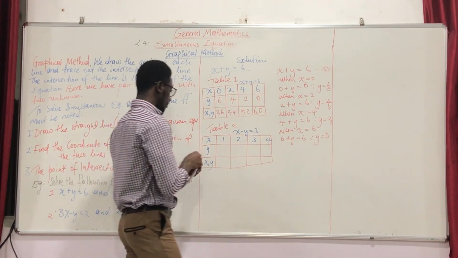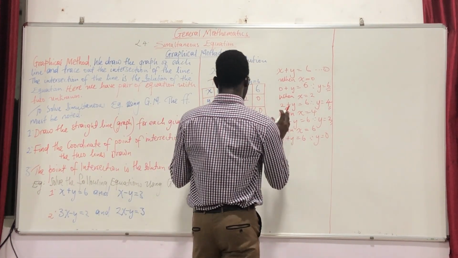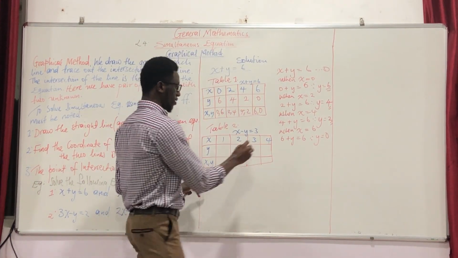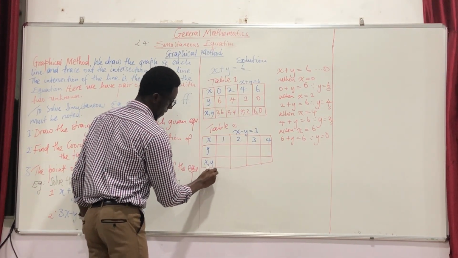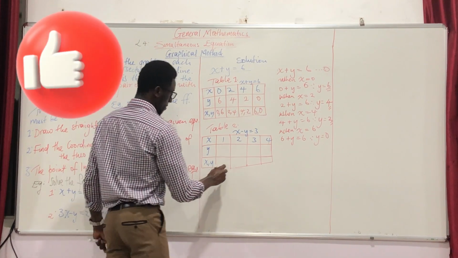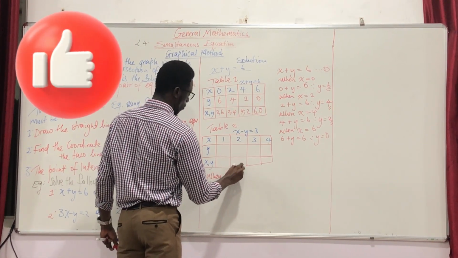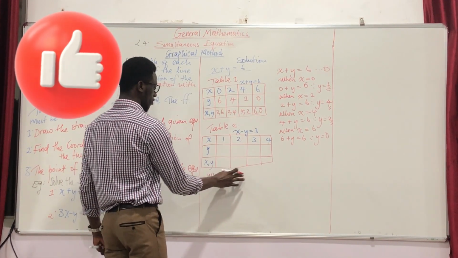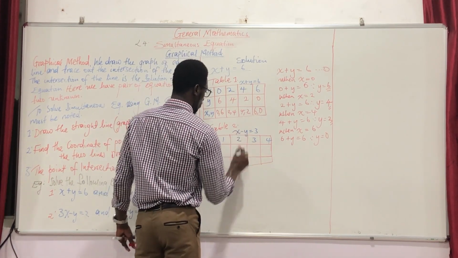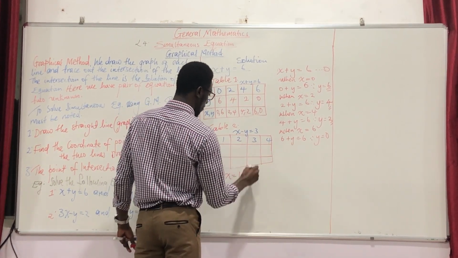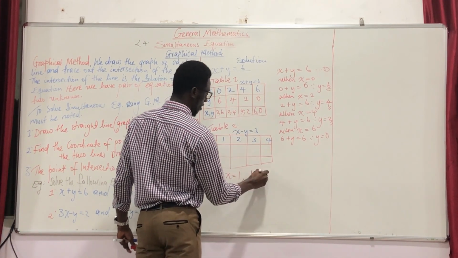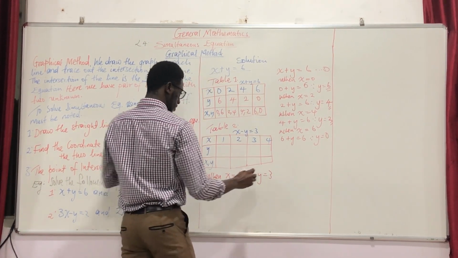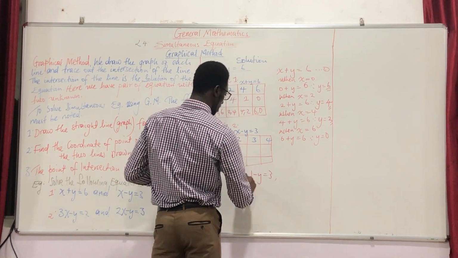The same procedures apply here. So when x equals 1, we say 1 minus y equals 3.